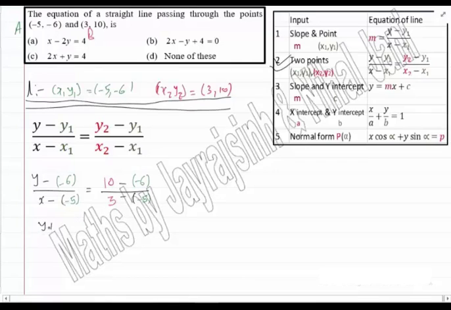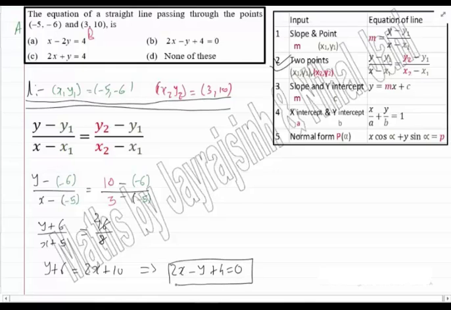So we can say (y + 6)/(x + 5) is equal to (10 + 6)/(5 + 3), that is 16 upon 8, or we can say 2. Let's simplify to get our final answer. y + 6 is equal to 2x + 10, or we can say 2x - y + 4 = 0 is the required equation of line. Ta-da! Option B is the correct answer.